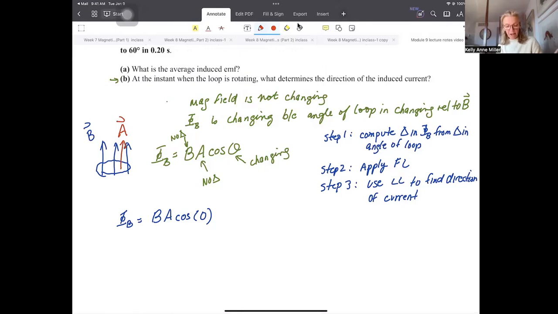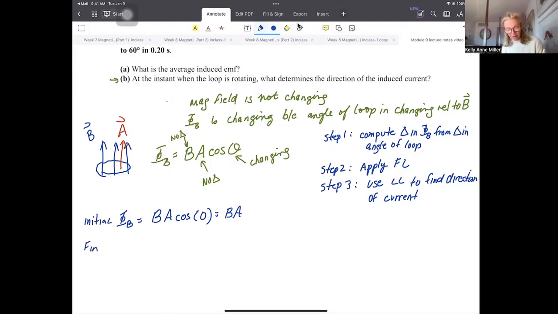Therefore the angle between those two things is 0. Cosine of 0 is 1. So this just works out to B times A. This is the initial flux.